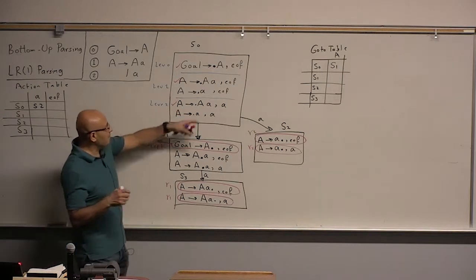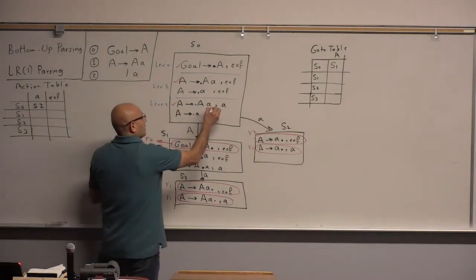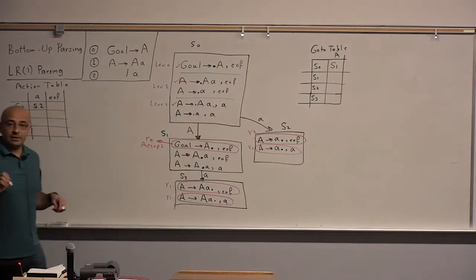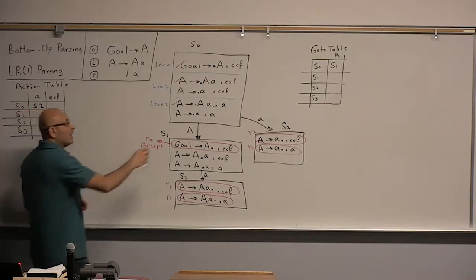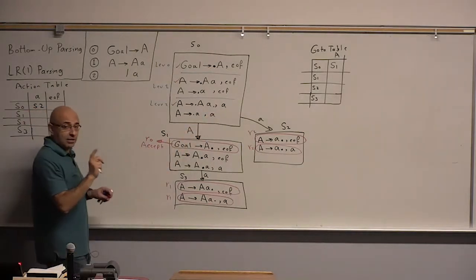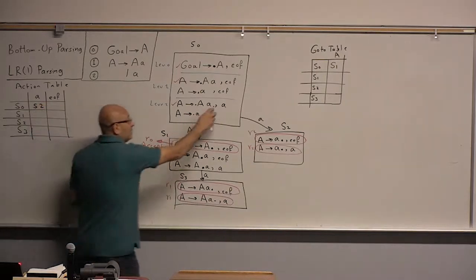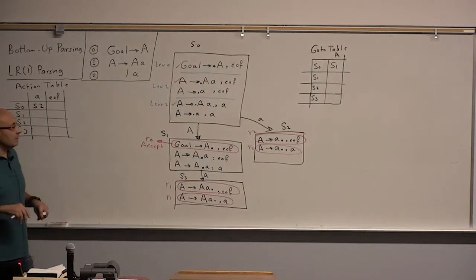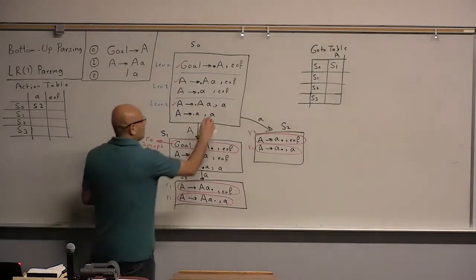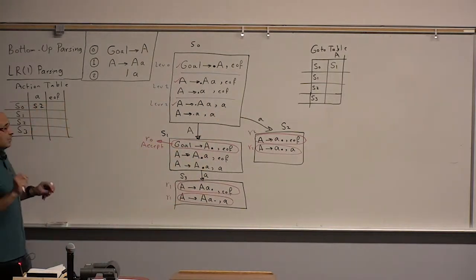If I get here and my look ahead is an A, I can reduce, but if I can reduce and I can shift at the same time, this means that the LR1 parsing fails. So I can't do it with LR1. I have to either modify my grammar or look for a different parsing technique. This is a shift reduce error.